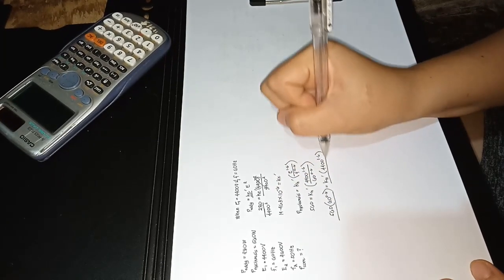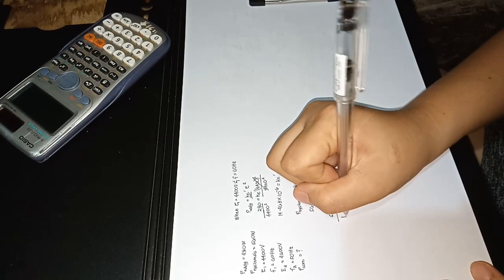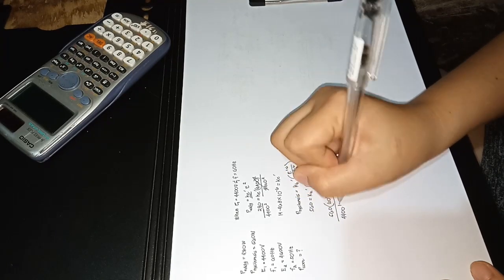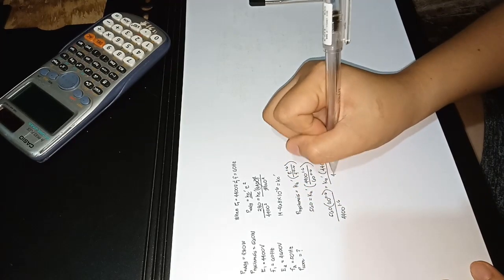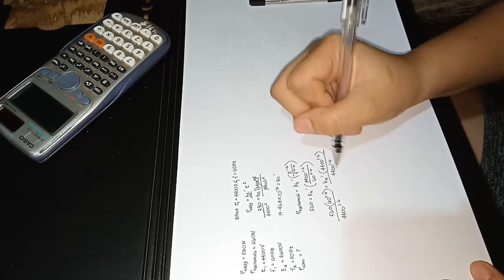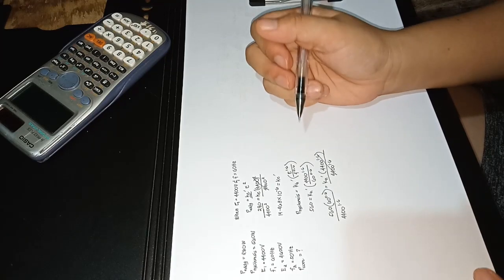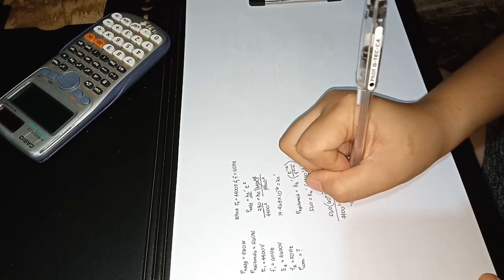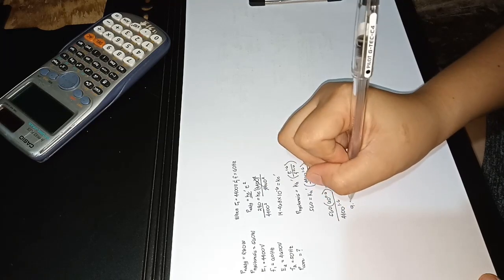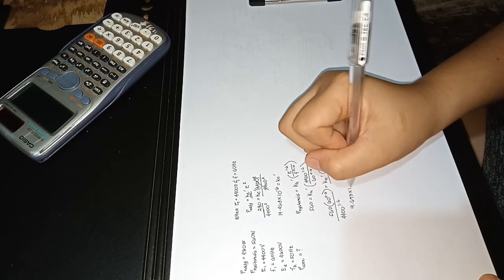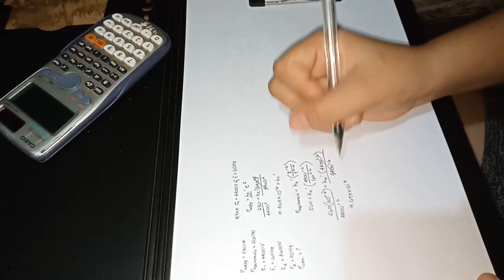Then divide both sides by 4,400 raised to 1.6. Cancel. So Kh is 9.673 times 10 raised to negative 3.